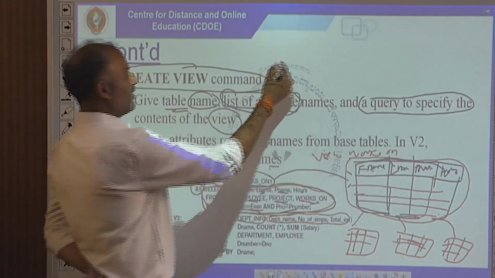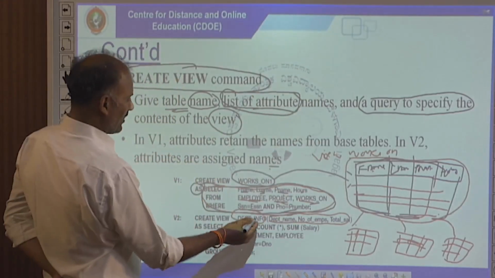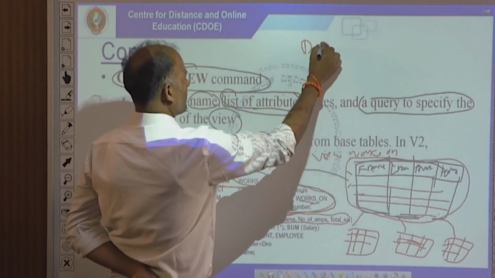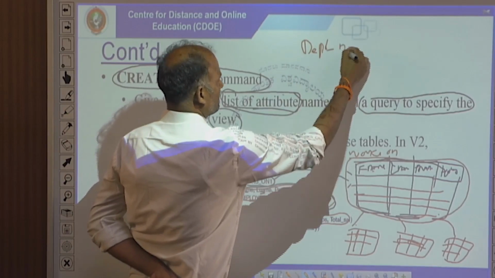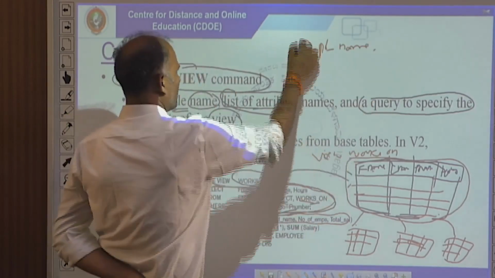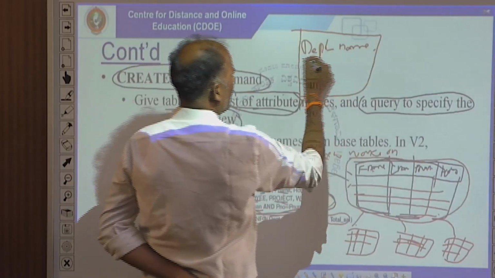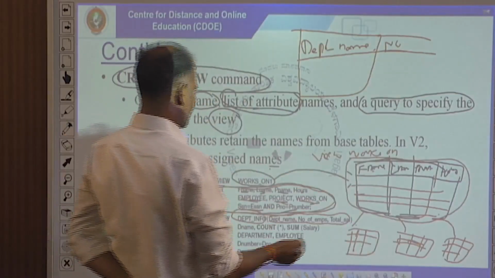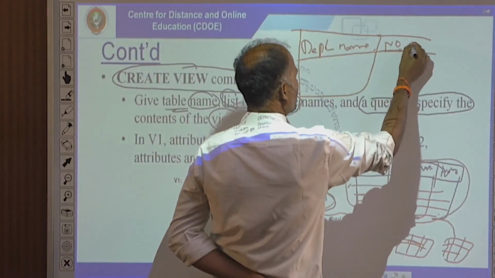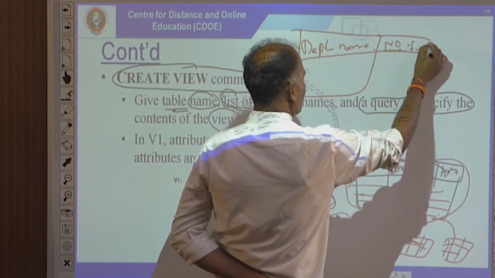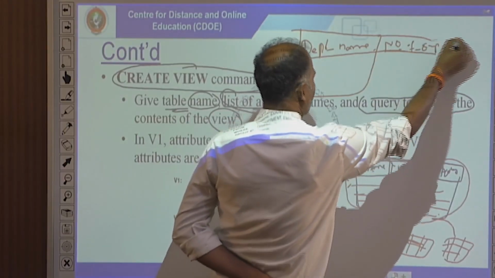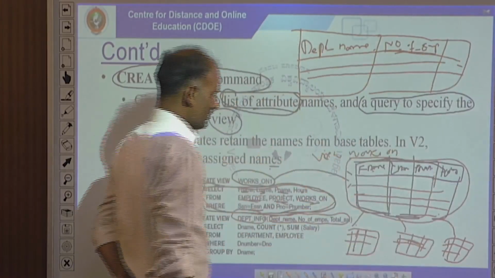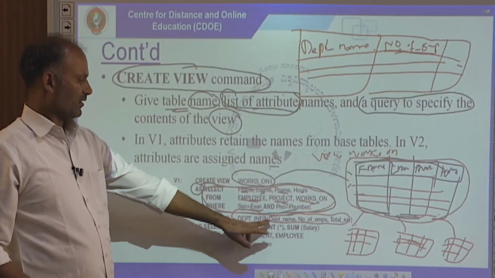Means in the view, what you get is the column names department name, then number of employees, then total salary. This is how the view looks when you apply column names.